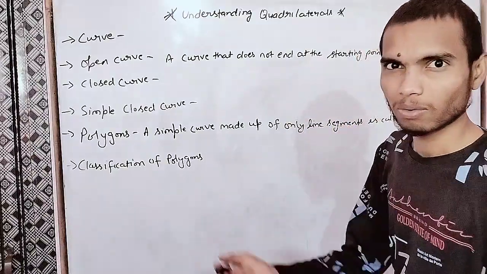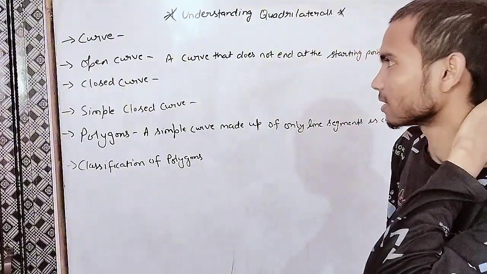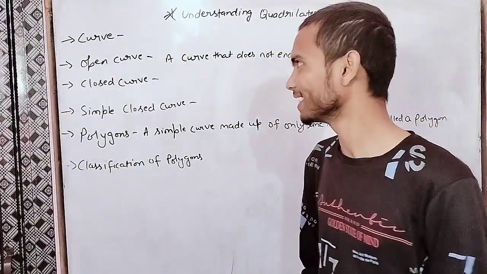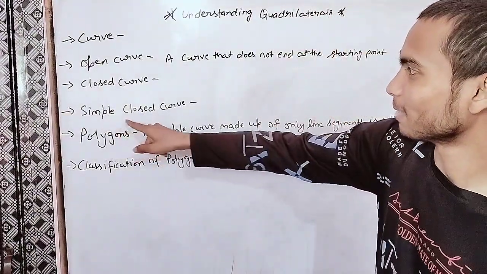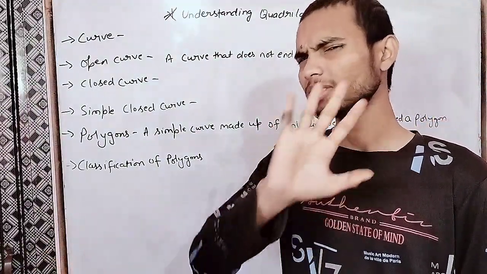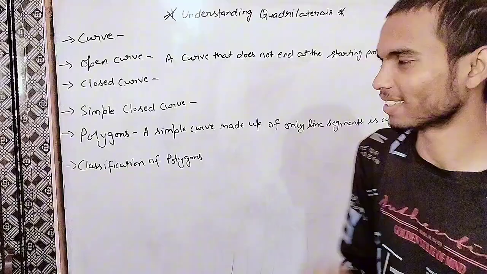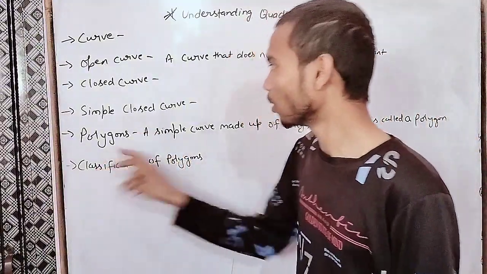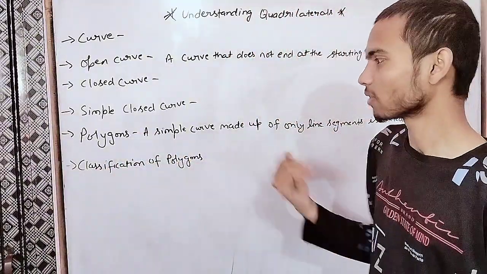Then what is a simple closed curve? Simple which means simple, not complicated. Then polygons, classification of a polygon.